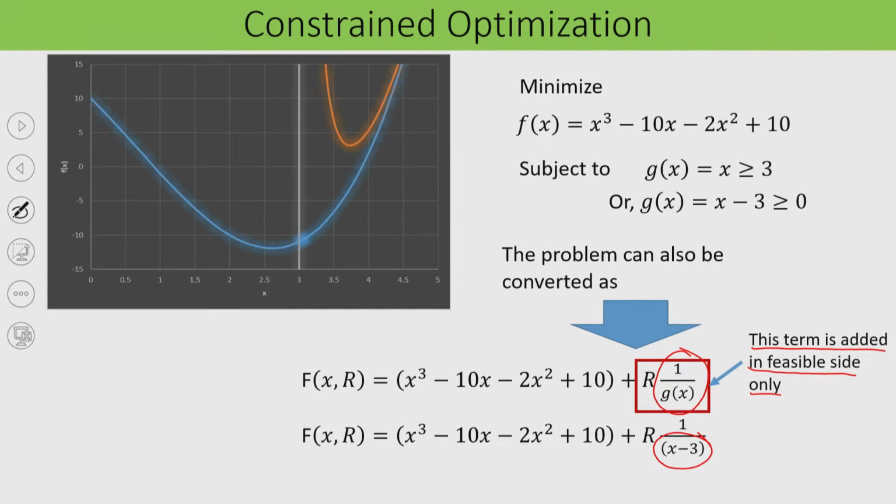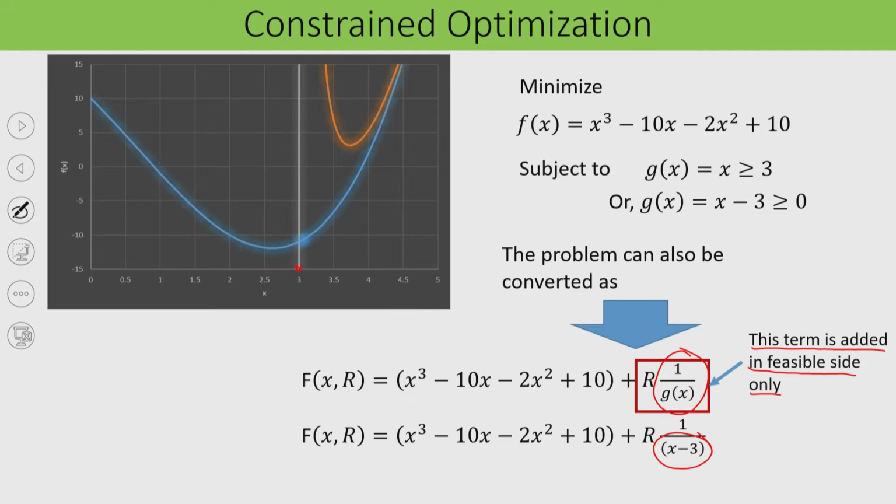So, what is happening here? Once you are away from the optima, the optimal solution is this, then x minus 3 will be large, and 1 by x minus 3 will be very small. So, basically you are not penalizing the solution which is away from the optima, but you are penalizing the solutions near the optima.